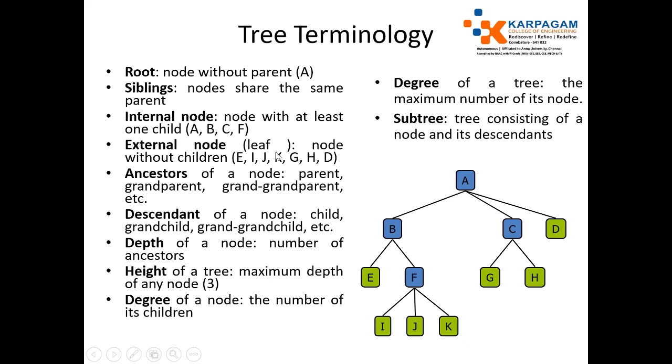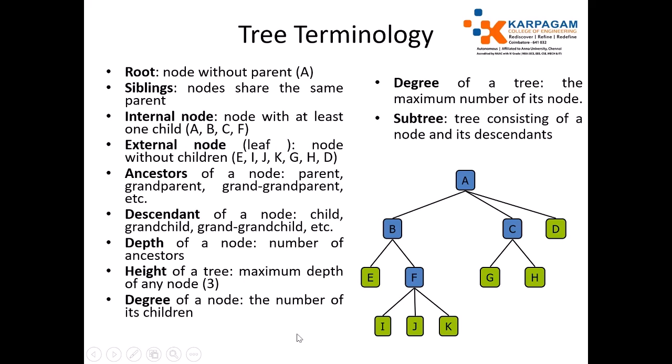So these nodes are the internal nodes. And another keyword is external node. A node without children is called an external node. So the nodes colored green are called external nodes because these nodes do not have a child.